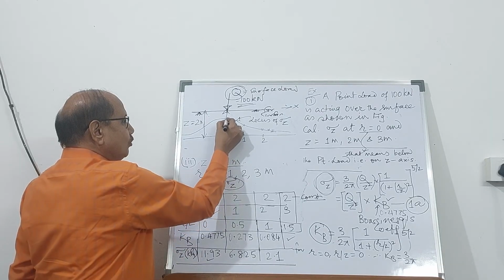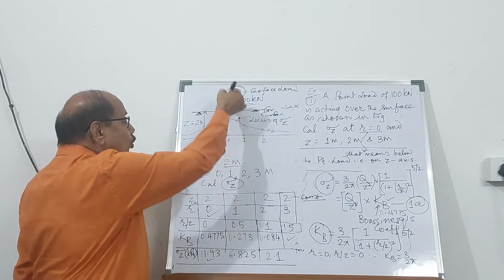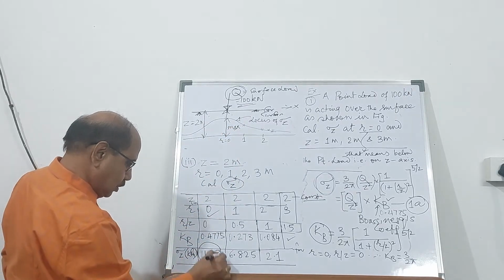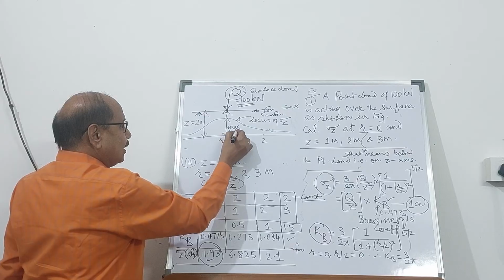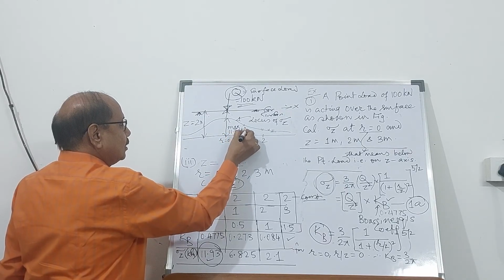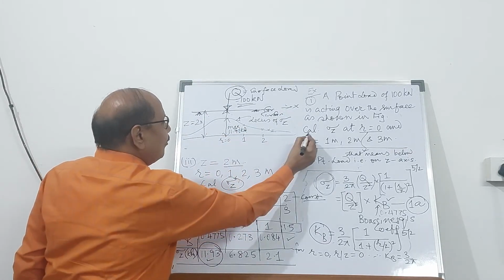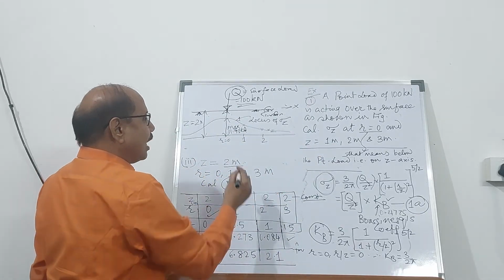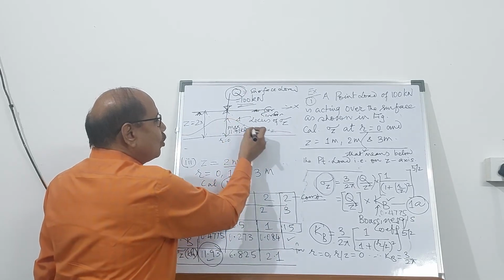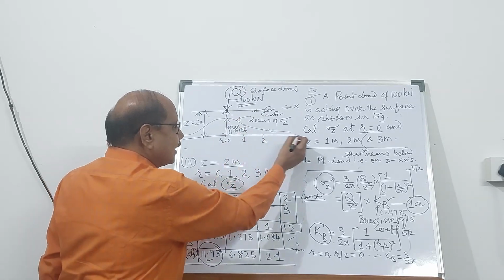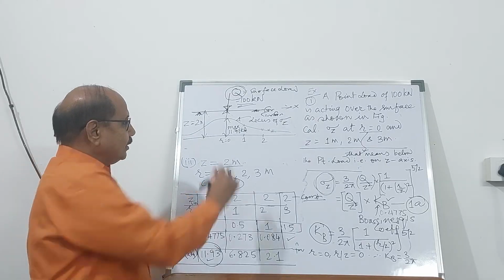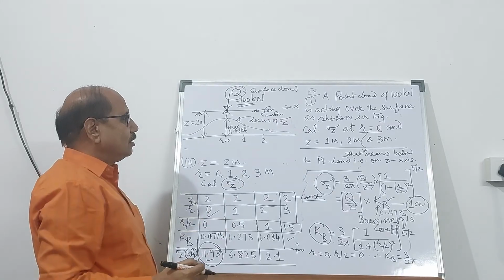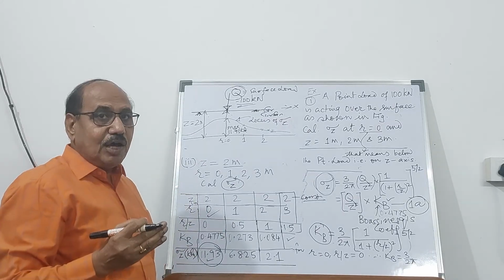Where is the maximum value? The maximum value is below the point load. This is the maximum value, 11.93 kilopascal. But as you go away from the z-axis, r is going to increase. The value of sigma z is going to decrease exponentially, and it's decreasing very fast. This is what I wanted to cover in Boussinesq equation.